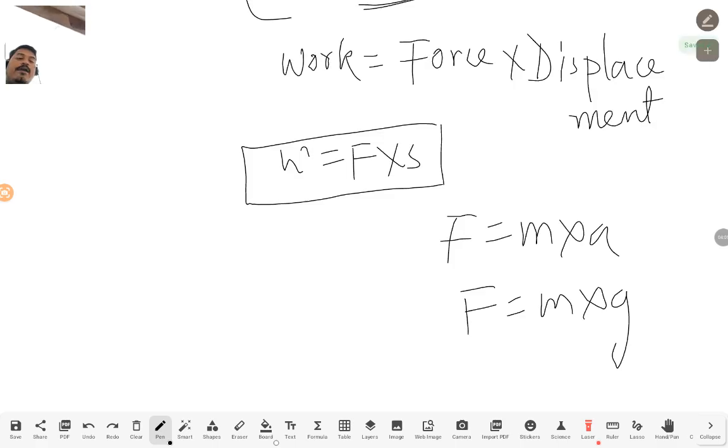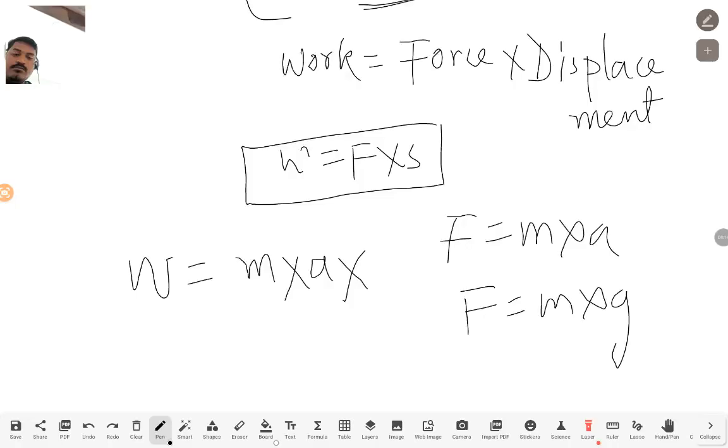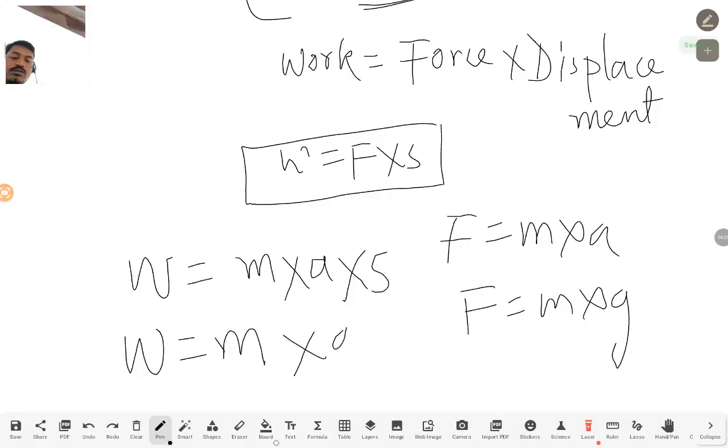Putting the value of F into equation 1, we get W equal to M into A into S, or we can write W equal to M into G into H. Why am I writing H?